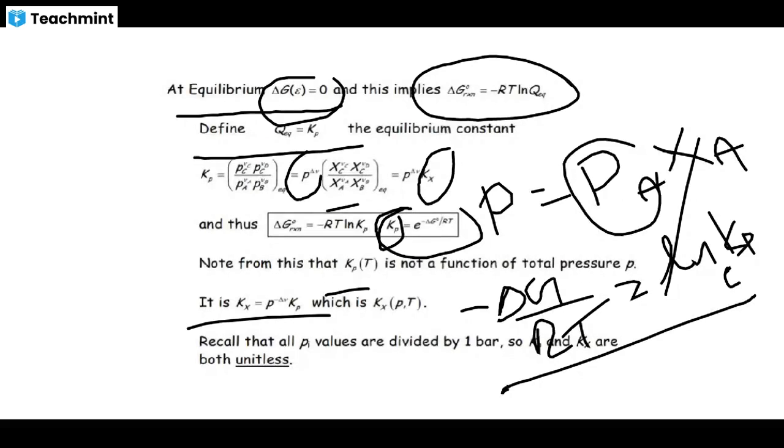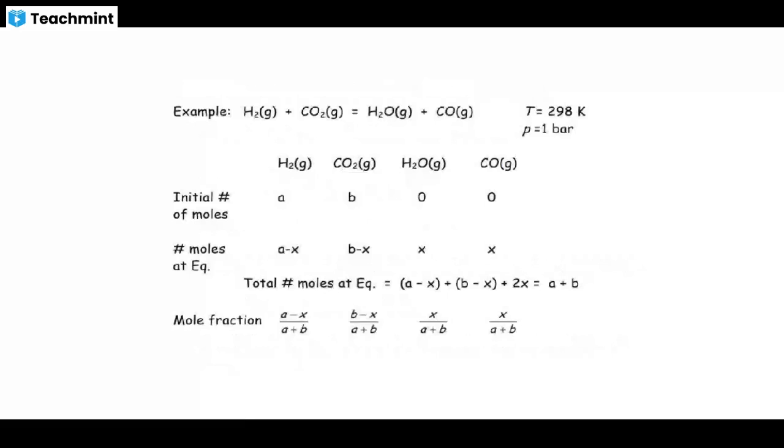Recall that all partial pressures are divided by 1 bar, so Kp and Kx are both unitless. If you take a reaction of hydrogen plus carbon dioxide giving H2O and carbon monoxide, the initial moles are a, b, and 0 for the products.